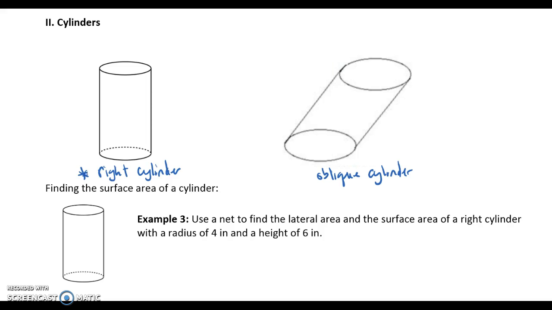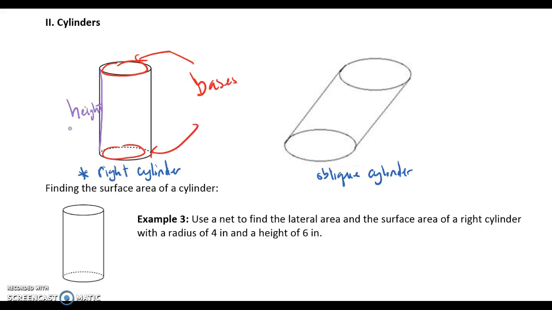shapes, right polyhedrons. Just like with our prisms, we've got our parallel circular bases. And again, the distance between the two bases is going to be the height of the cylinder, okay?